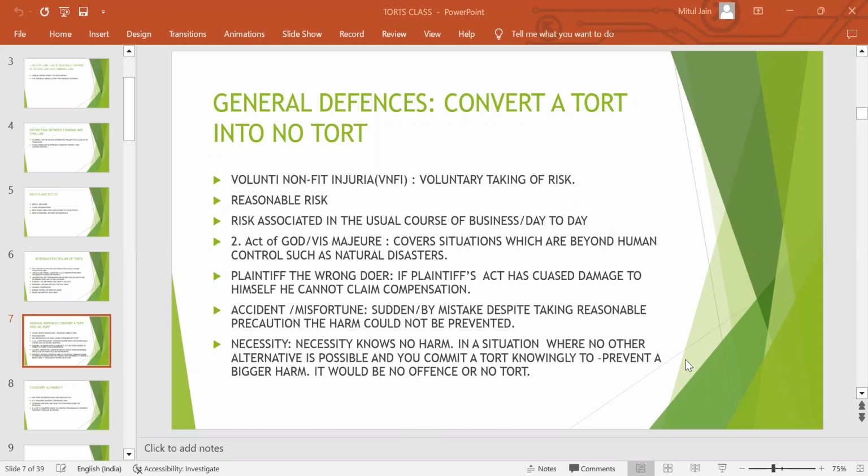Now, the third defense is plaintiff the wrongdoer. Plaintiff the wrongdoer, which basically means that plaintiff himself is responsible for the harm that he has suffered. Plaintiff कौन होता है?